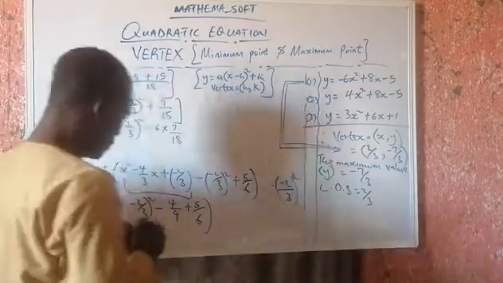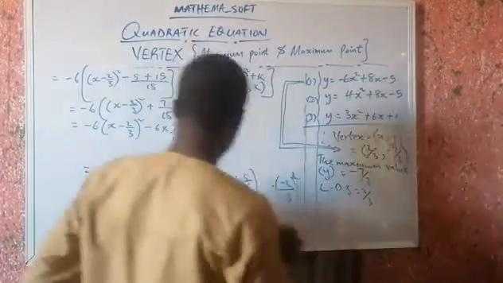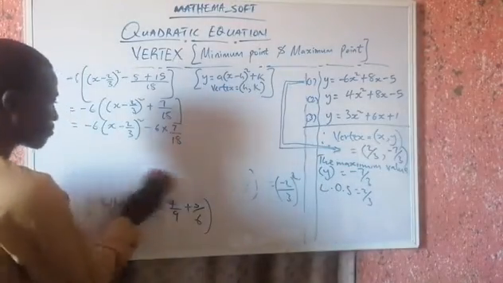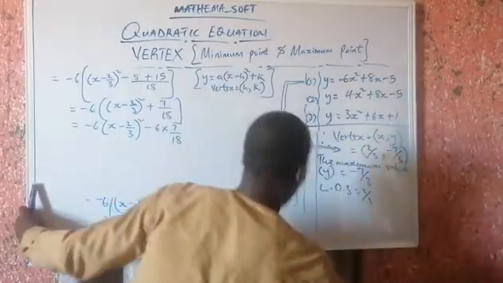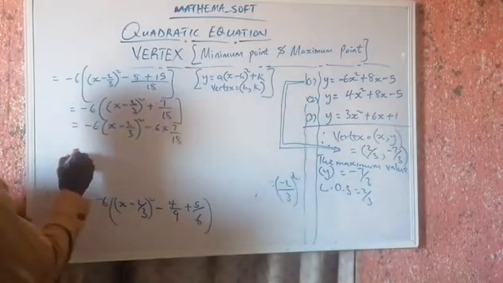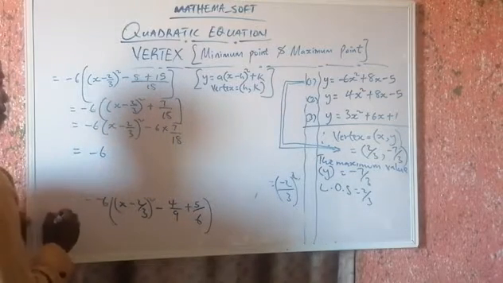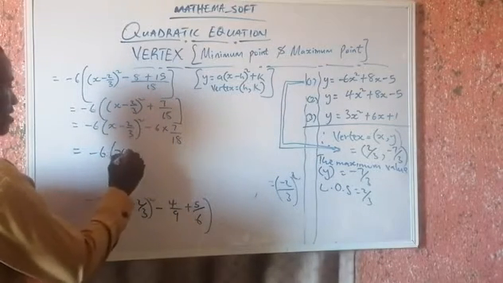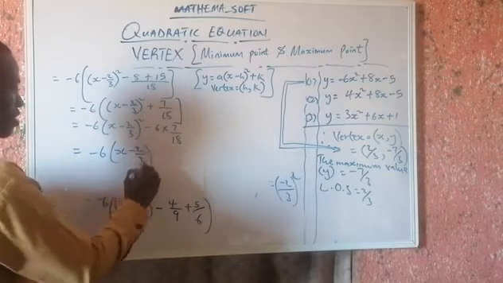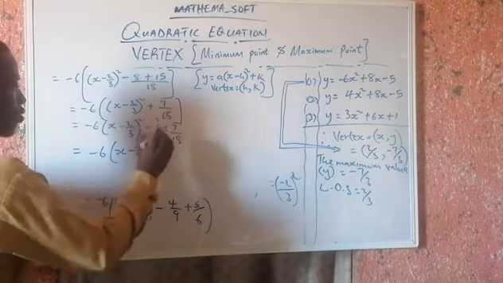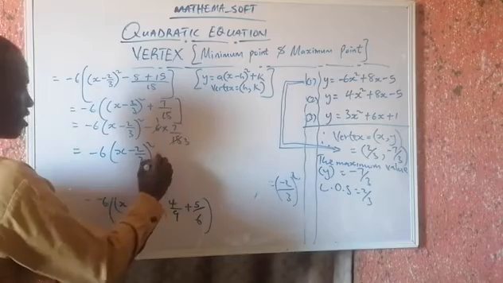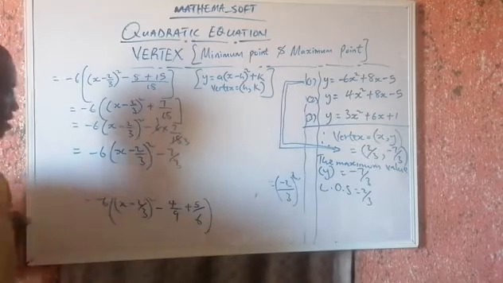And that will give me, I need to clean another line, sorry. That will be minus 6 bracket x minus 2 over 3 squared, 6 here 1, 6 here 3, and that will be minus 7 over 3.